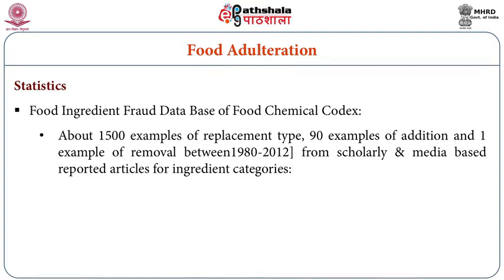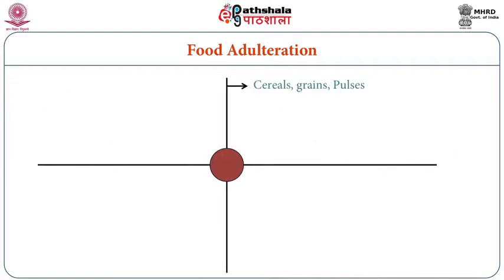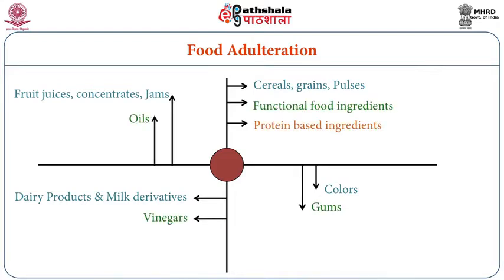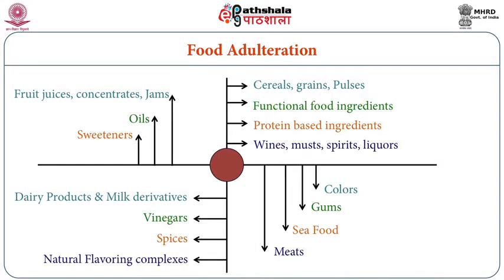For example, the recorded materials include cereal grains, pulses, colors, dairy products, milk derivatives, fruit juices, functional food ingredients, gums, vinegar, oils, protein-based ingredients, seafood, spices, sweeteners, wines, meats, and natural flavoring complexes.